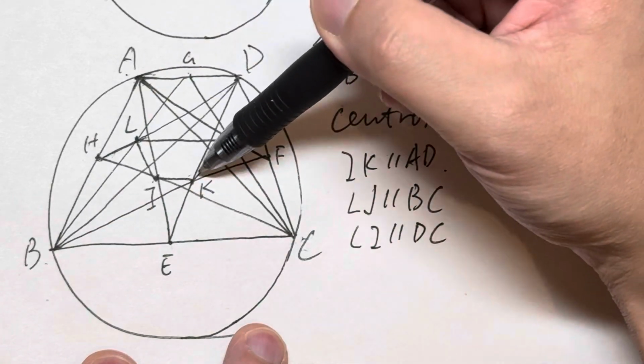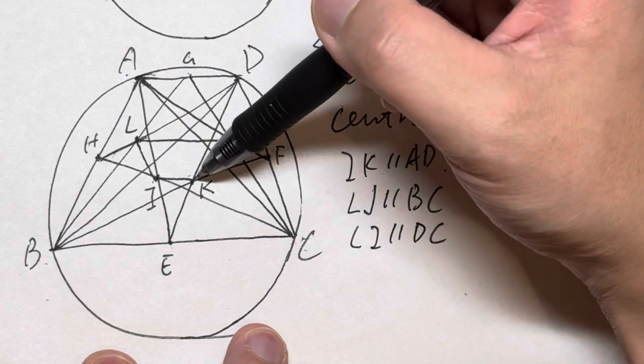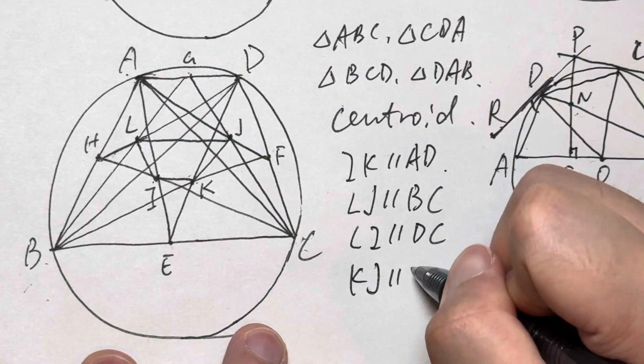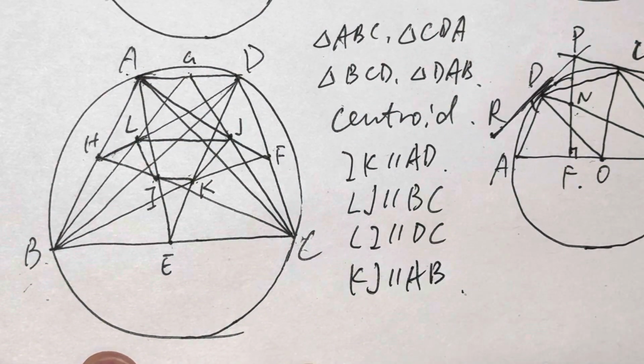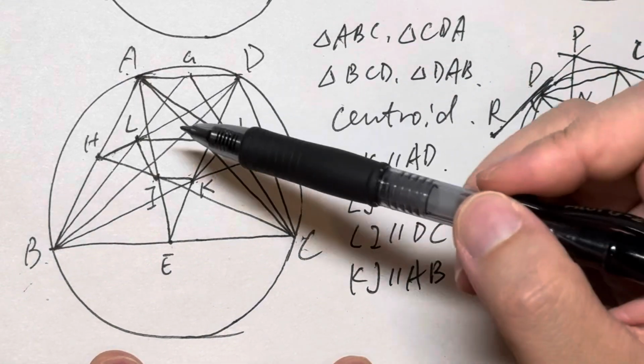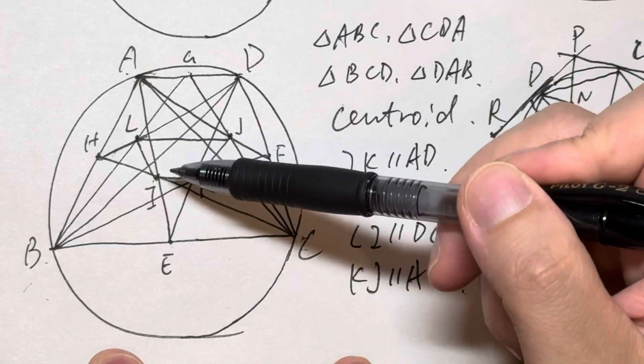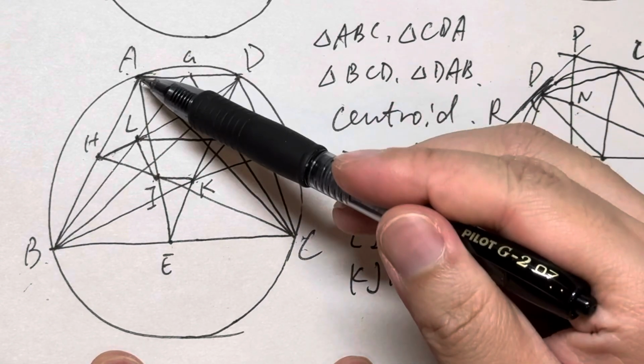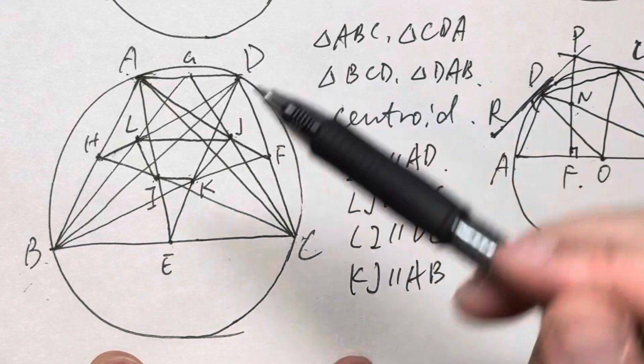And BK to KF equals 2 to 1, which means KJ is parallel with AB. Right. So you can see that the quadrilateral IKJL is similar to the quadrilateral ABCD, right?